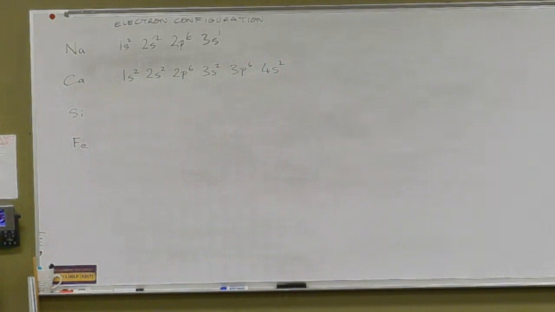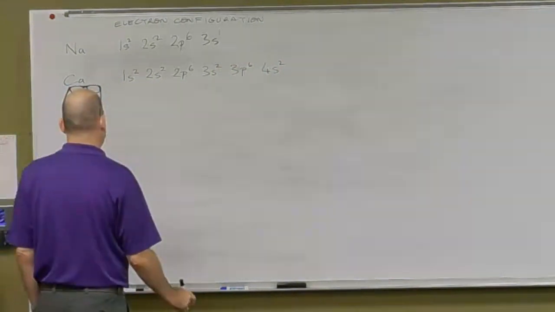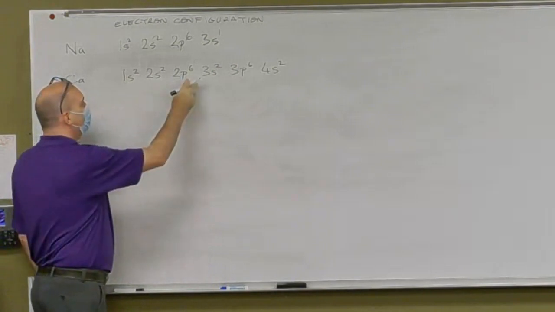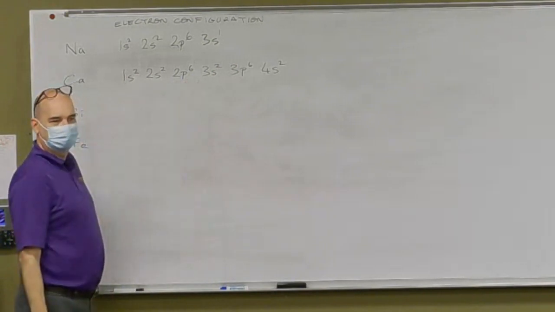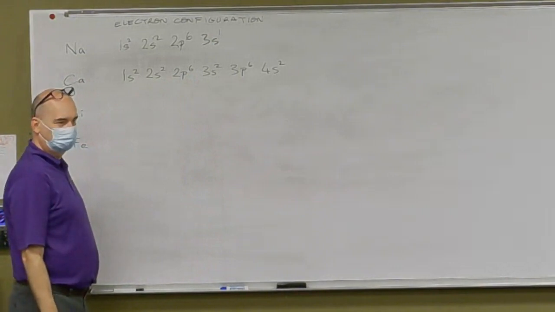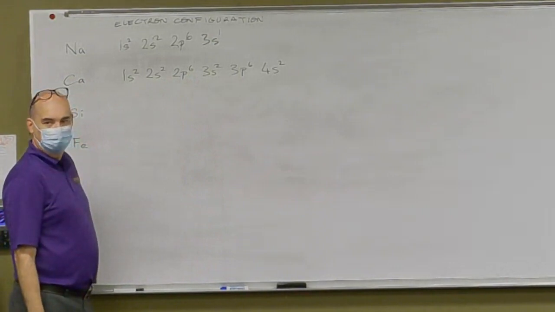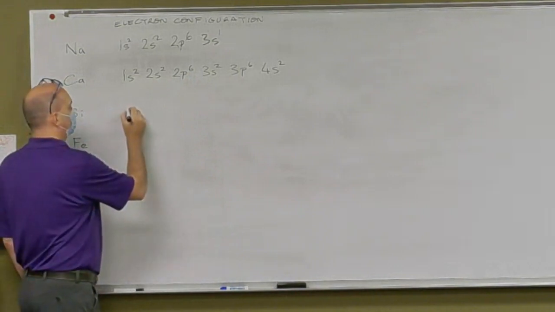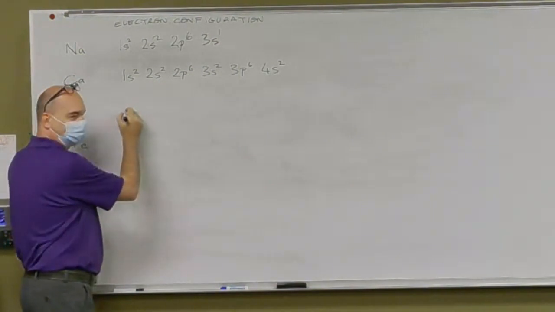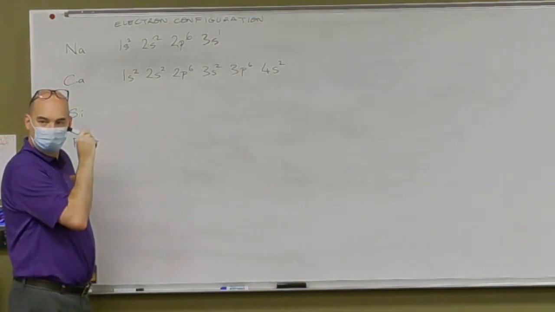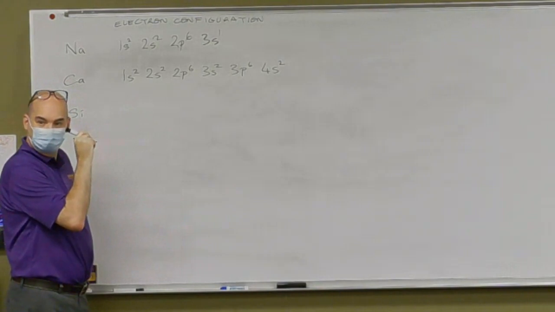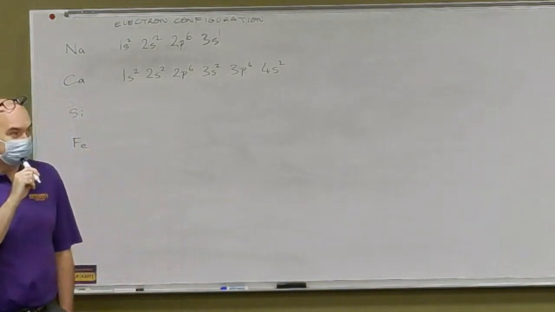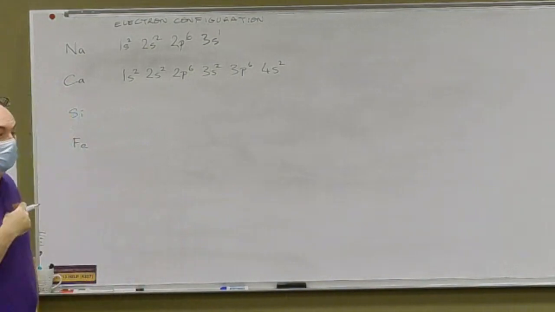Silicon is position 14. So it's actually easier to do than this one. Silicon is in group 4 in period 3.